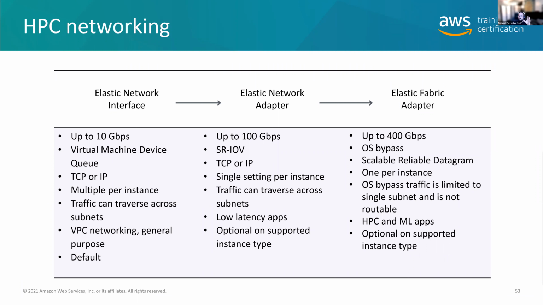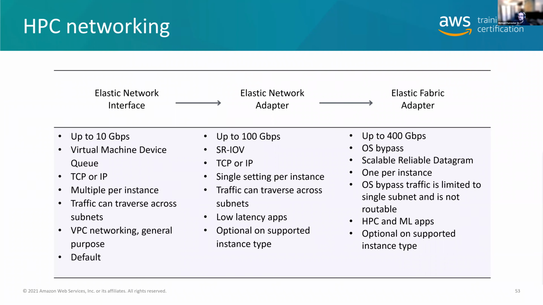And then you've got this whole thing called an elastic fabric adapter, which is like a network fabric. It literally will bypass the OS, in a sense, it's almost like its own operating system. And it is also optionally supported on certain types. But notice you're going to get up to 400 gigabits per second on those interconnects. That traffic, by the way, is going to be limited to a single subnet, and it's not going to be routable.